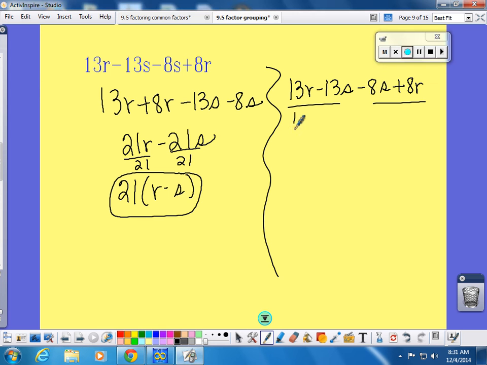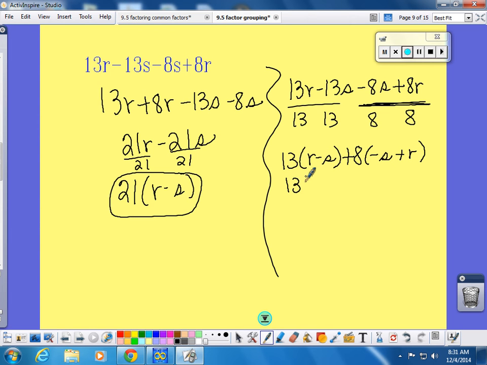If I factor the 13s together, that's R minus S. Did you factor out a positive 8 or a negative 8? Positive. Did you put positive right there in between? No, man. Don't forget, whatever you factor out, that's important. So that's going to give me the negative S and the positive R, which is what I wanted. It's just written differently.